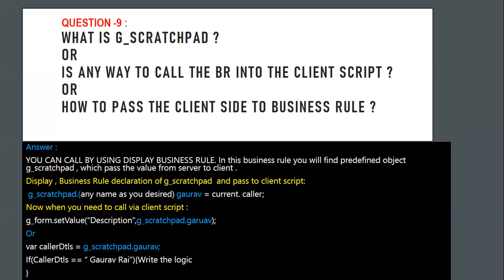I defined one variable, caller_dtls, equal to g_scratchpad.caller. Now I'm putting in the if condition: if caller_dtls, meaning the caller, is Gaurav Rai, then write the logic, whatever logic it should perform. So that is the whole answer.